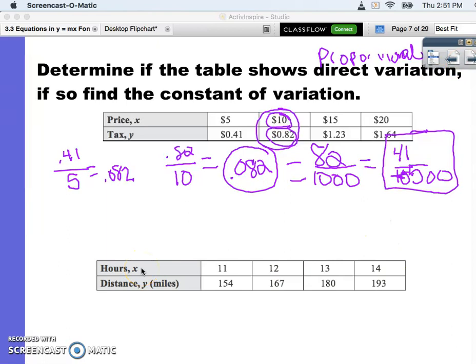I'm going to move on to the next one, and I want to figure out if the table shows direct variation, or if it is proportional. Again, I'm going to take the y and divide it by the x.